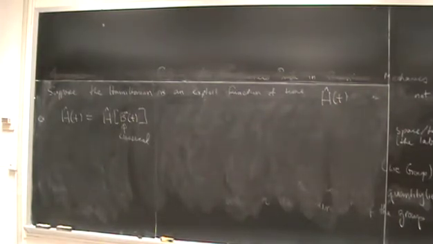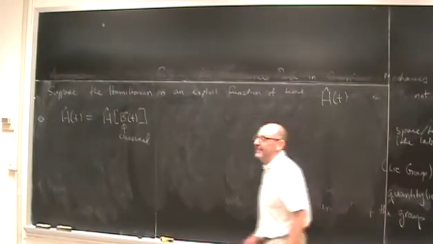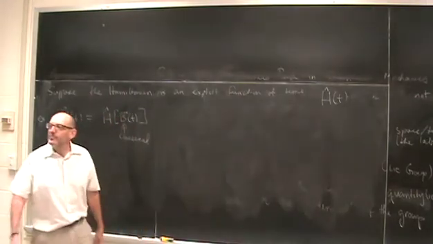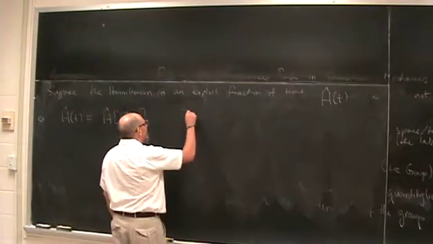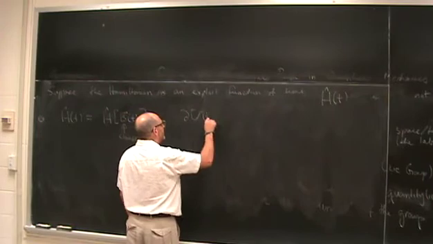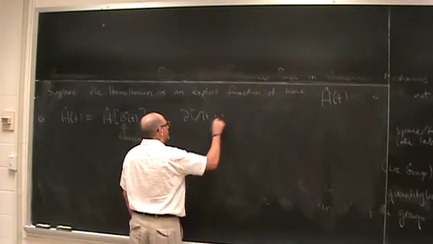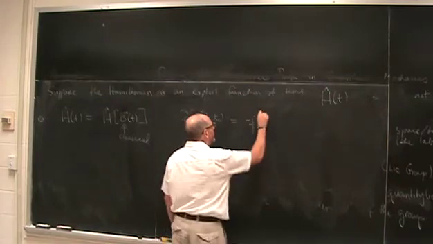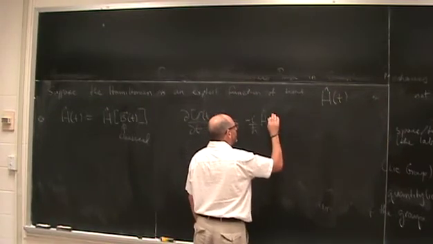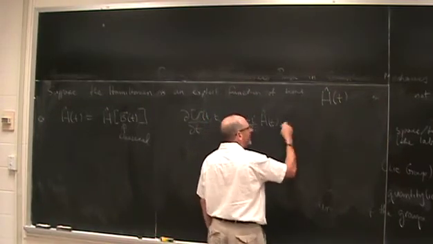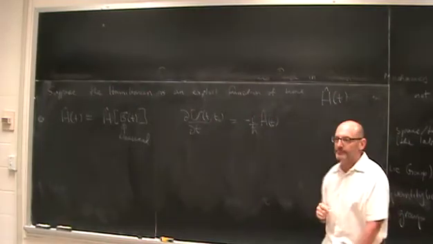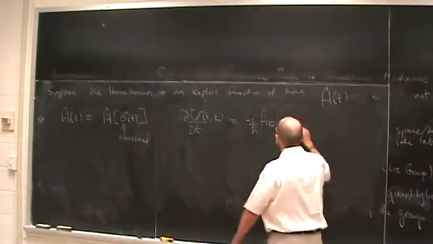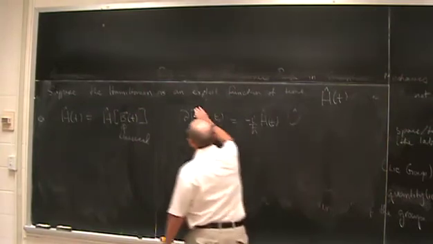So given that, with that said, we just have a piece of mathematics now. We say my differential equation is that du dt is equal to minus i over h bar, the Hamiltonian, which is now itself some time-dependent operator, the operator itself a function of time, times u.